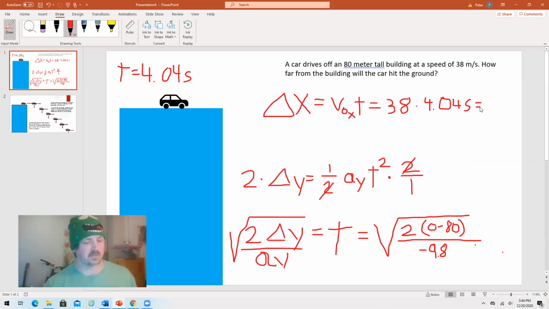Put that in my calculator and we'll see how far from the building we should look for the wreckage of this car. 38 times 4.04 equals 153.5 meters. And that is our answer.